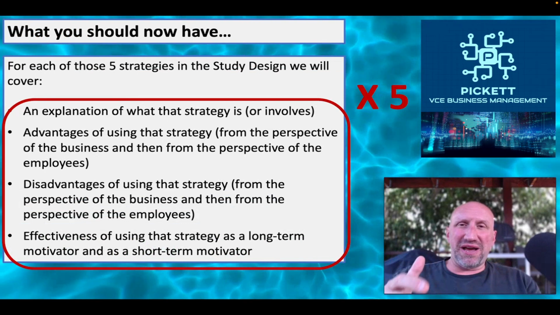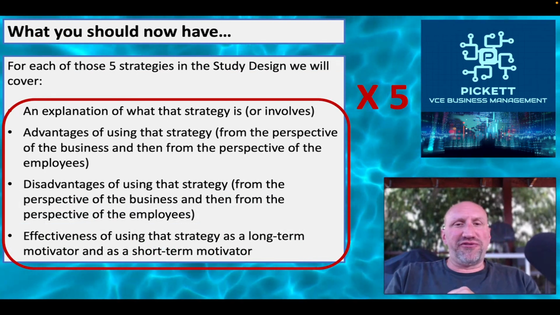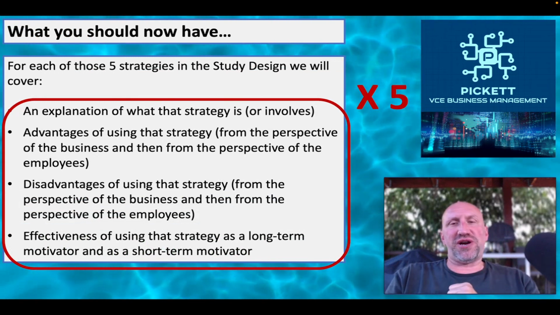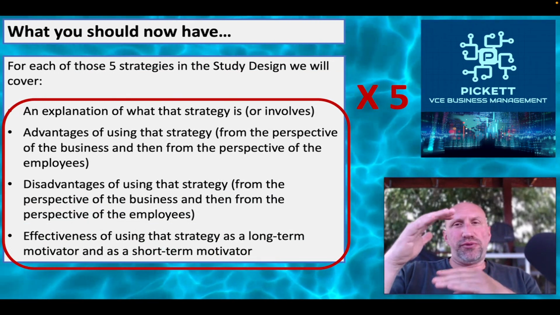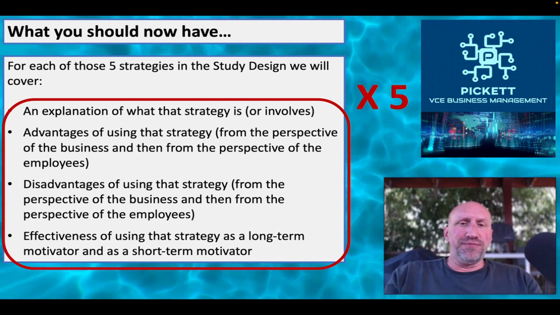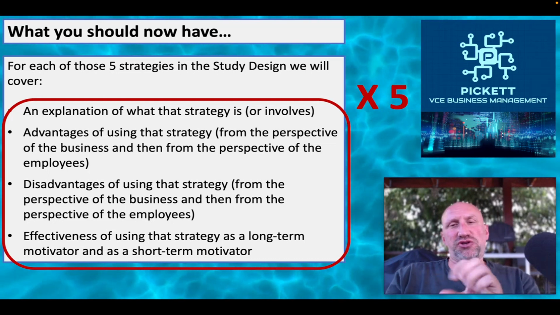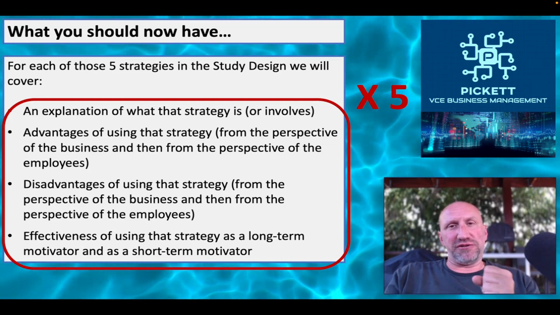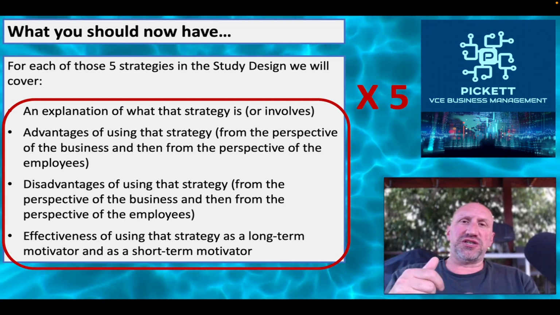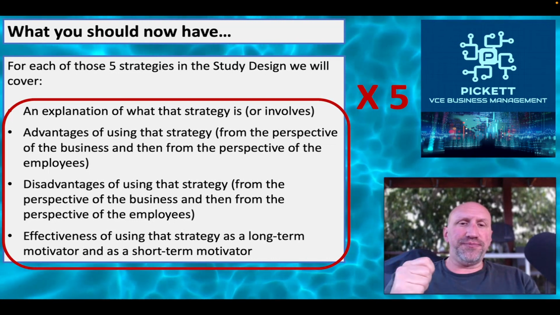So what you should now have in your notes, go back to what we had before. For each of those 5 strategies, it's really important that you organize this all with nice subheadings so it's easy to follow. So an explanation of each of those 5 strategies. You should now be able to give a little description of what each of those strategies are. A couple of those strategies were a little bit more involved than others, but you need to be able to describe each of them.